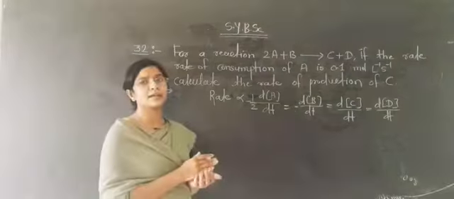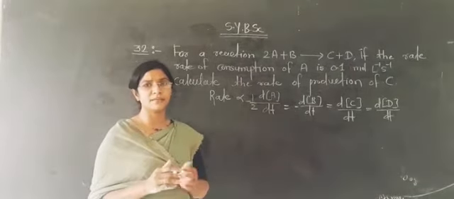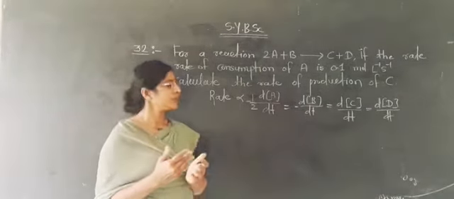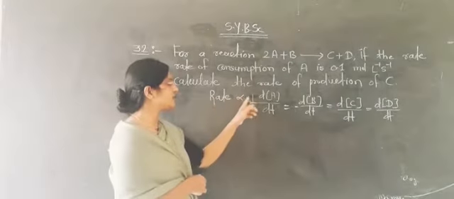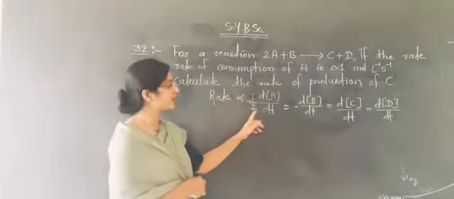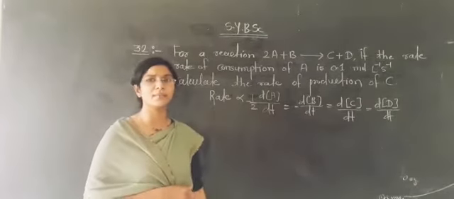The concentration of reactant decreases with respect to time, while at the same time the concentration of product increases, and therefore the decrease is denoted by a negative sign and the increase is denoted by a positive sign.